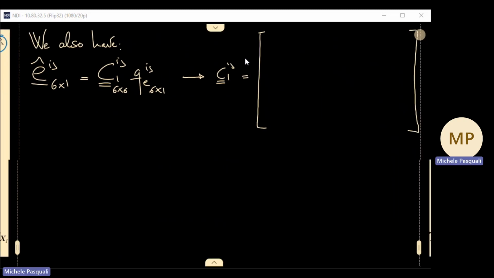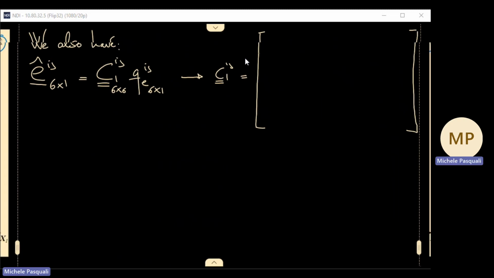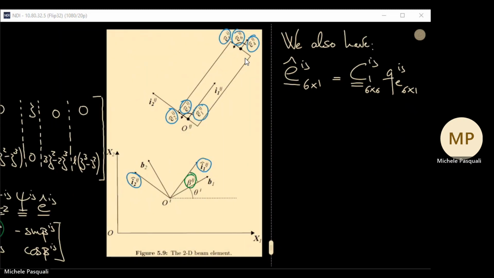So we basically have to project these quantities over B1, B2, B3.